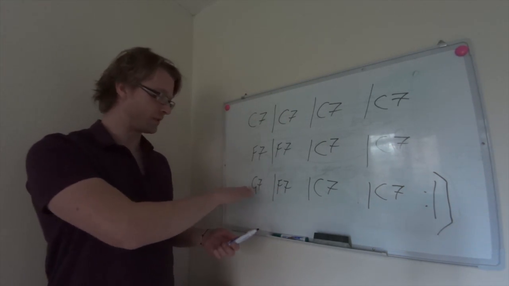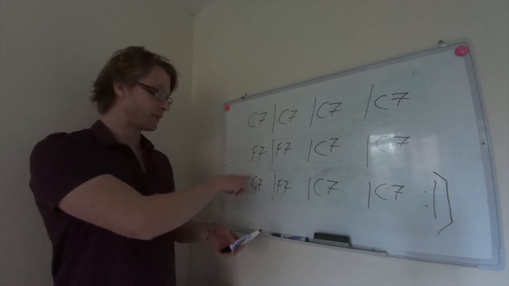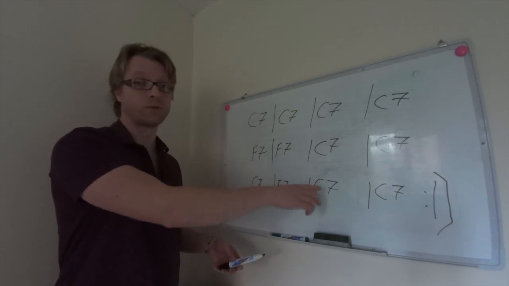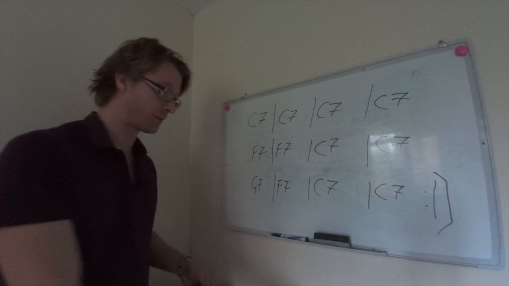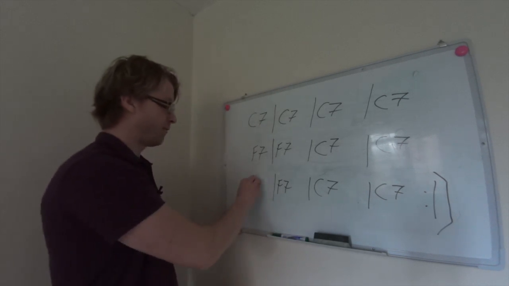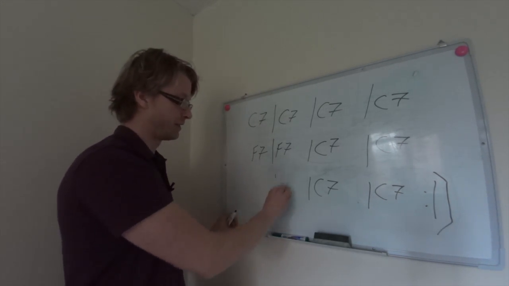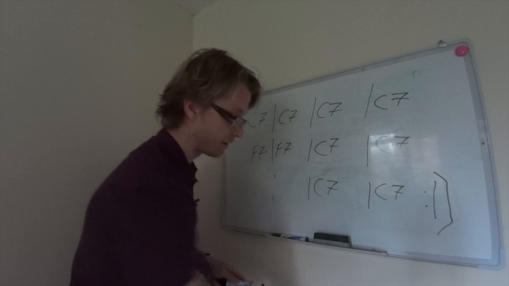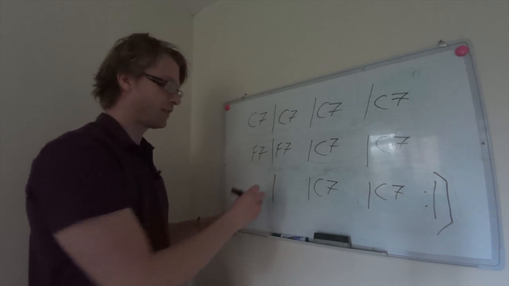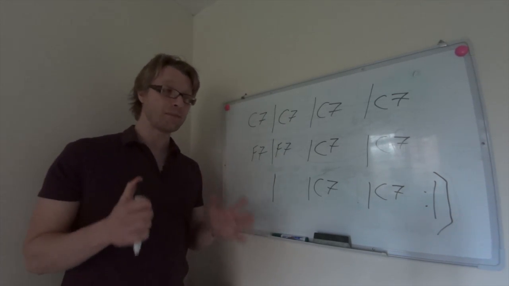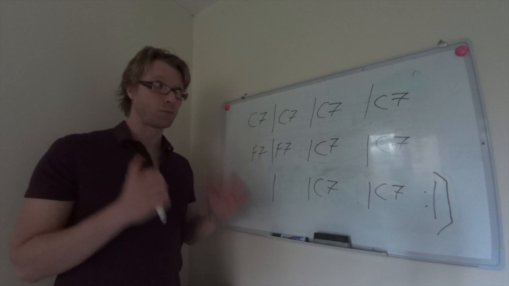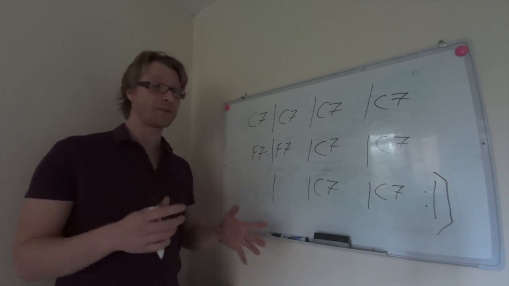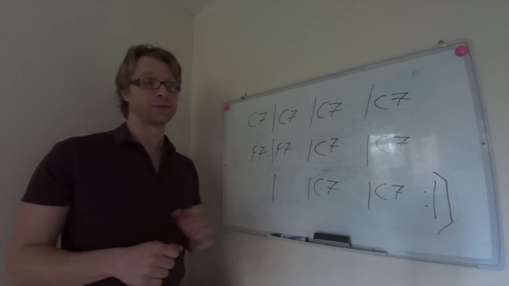Jazz musicians don't particularly like going from chord 5 to chord 4 to chord 1. They really love doing something different, which is called a 2-5-1. Now in jazz, a 2-5-1 is the most well-used chord sequence. It's the chord sequence for jazz musicians.